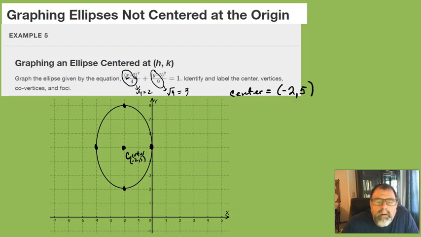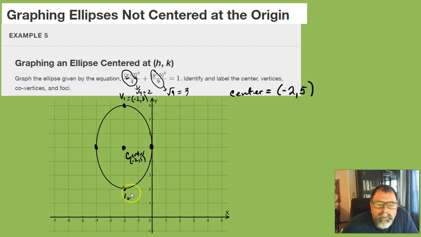Okay, so now I have to label everything. The bigger number was under y, so this is a vertical major axis. So this is vertex 1. And remember, if we were at negative 2, 5 and added 3, then we added it to the y coordinate. So that would be negative 2, 8. Or you can just look, this is negative 2, 8.